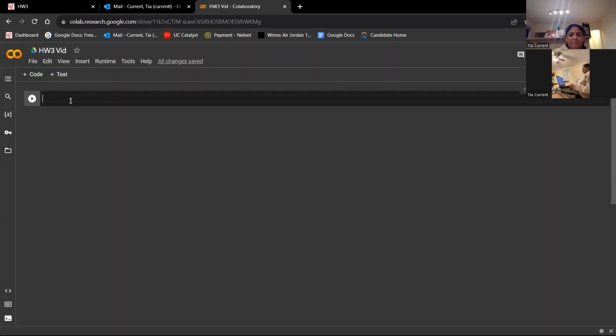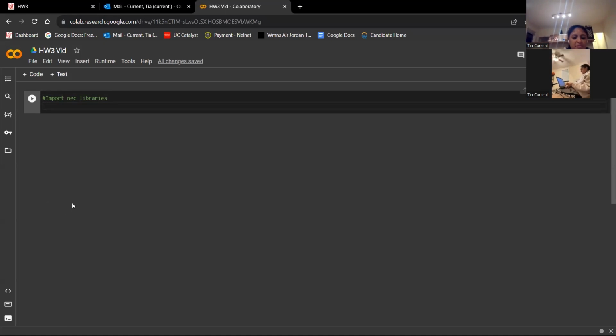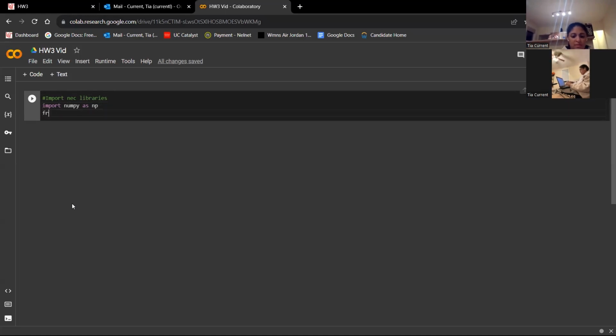Okay, so first things first, we want to hashtag import necessary libraries and import numpy as np, and then import plotly.graph_objects.